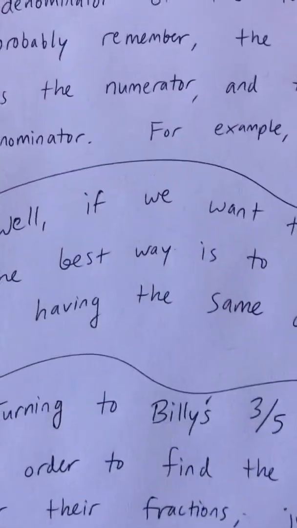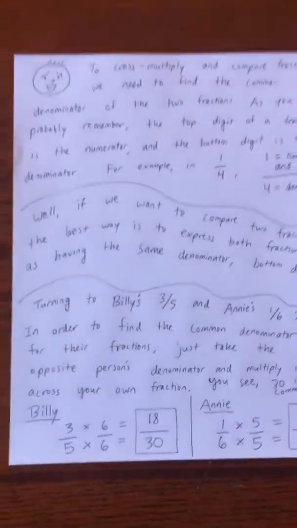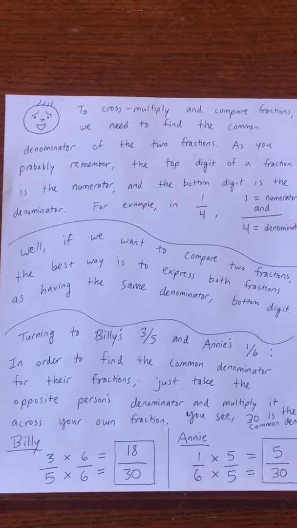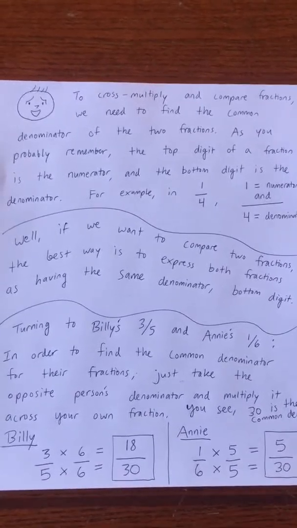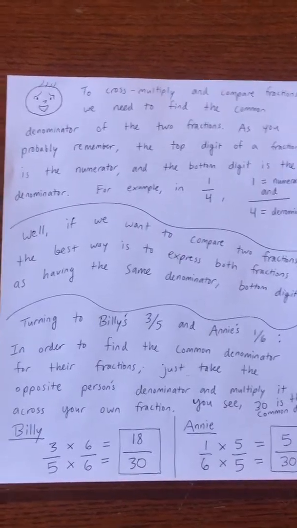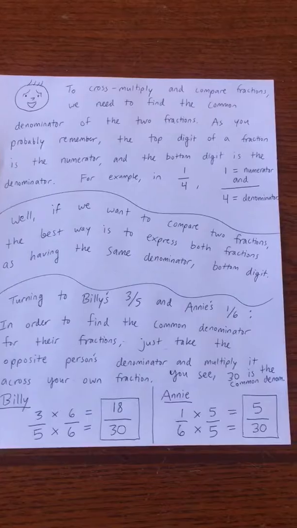Turning to Billy's 3/5 and Annie's 1/6, in order to find the common denominator for their fractions, just take the opposite person's denominator and multiply it across your own fraction, top and bottom. You'll find out what the common denominator is.